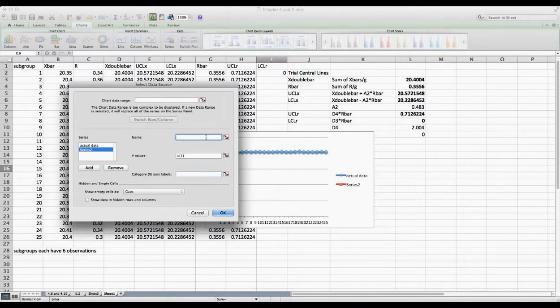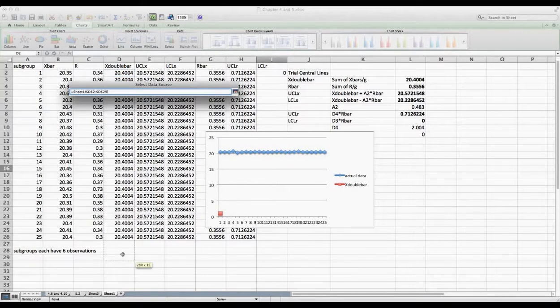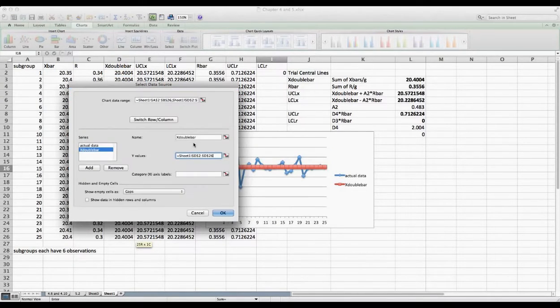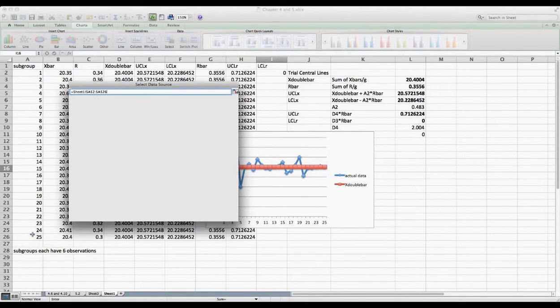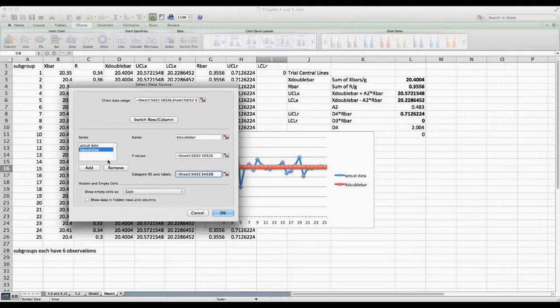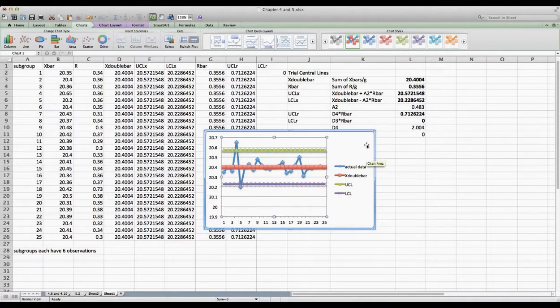Now I want to add, let's do the X double bar. Okay, got that. Put in subgroup. We're getting there. And so on for the control limits. Aha! So here is my trial control chart for the X bar chart.